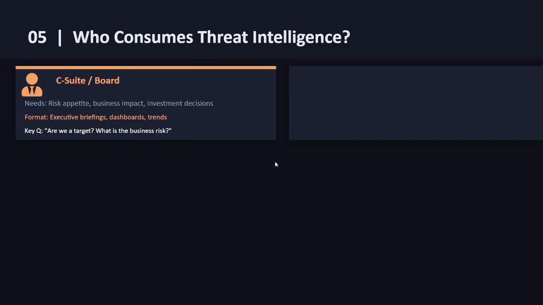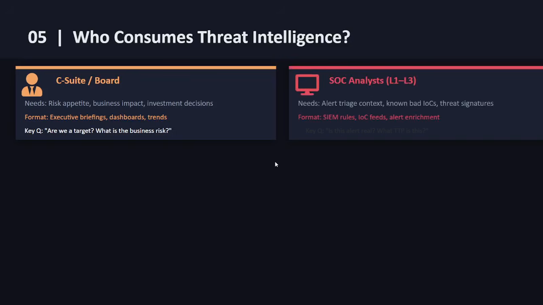Now you have a SOC analyst from L1 to L3. You will get the context of it. Why have they attacked? Known bad indicators of compromise, so we will be checking that.